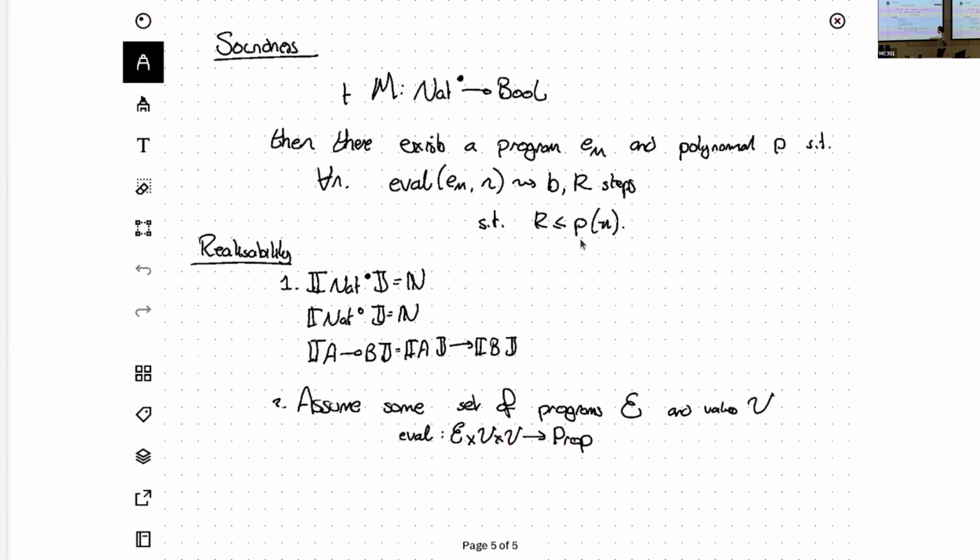Okay, so we're going to assume some set of programs E and values V, and just for now, we'll do it uncosted. And then what we do is we redefine types. So a type is a set of the extensional or mathematical values paired with a relation.